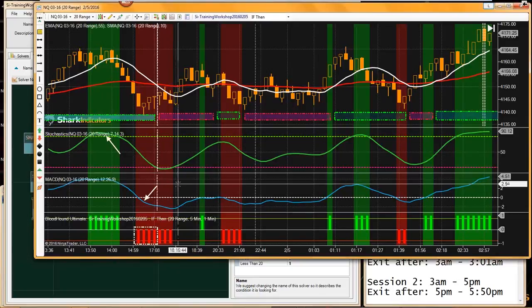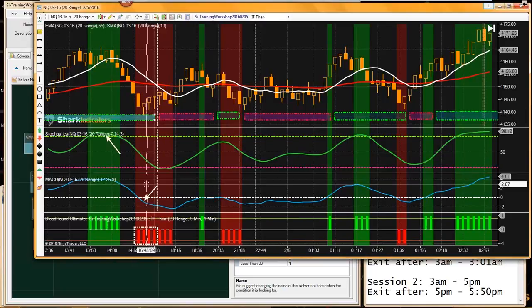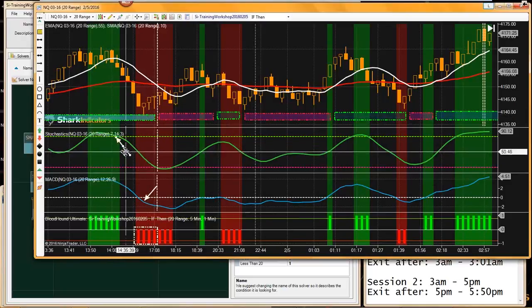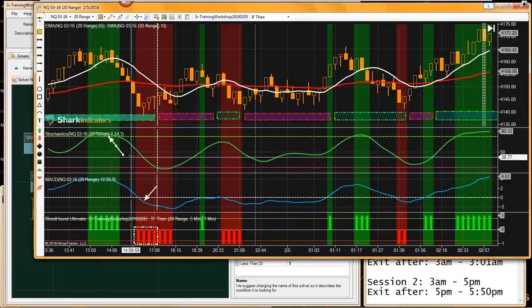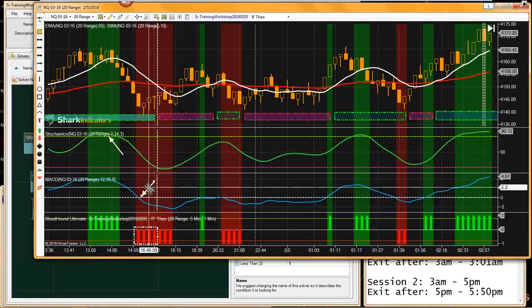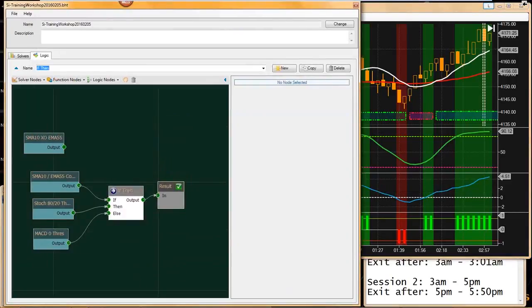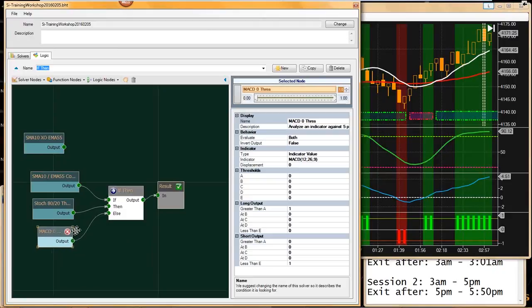There we go. Okay, so remember on the left side of this line, we have a long signal coming in. So long signals from the stochastic are going to pass through the if-then node. And then short signals from the MACD are going to pass through as well. Right? So remember the MACD is connected to the else.